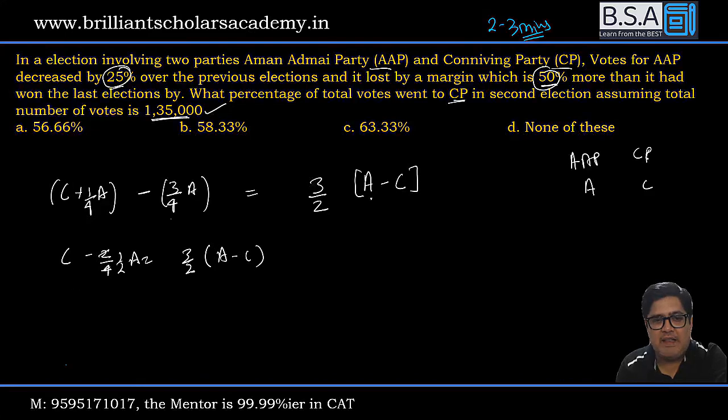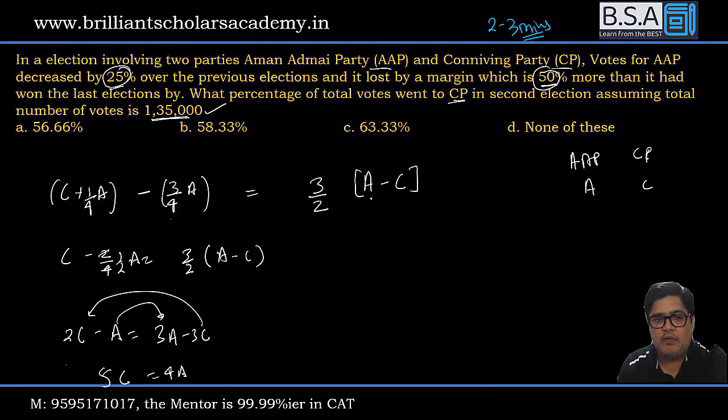So I'm multiplying this 2 everywhere. This becomes 2C minus A is equal to 3A minus 3C. If I transfer it, I will have 5C is equal to 4A. That gives me C upon A is equal to 4/5.